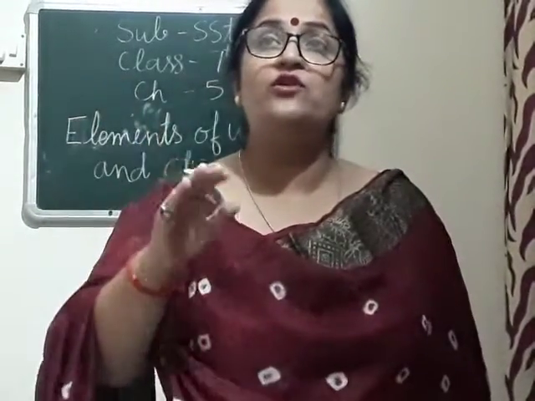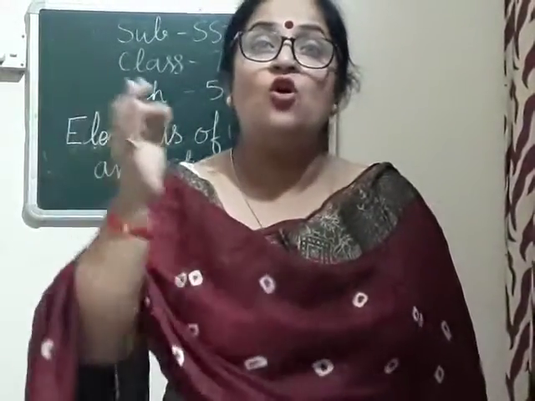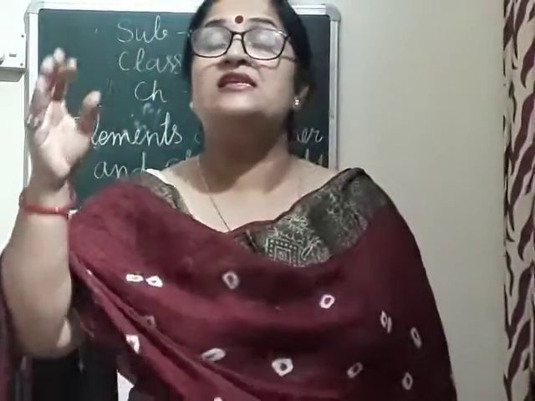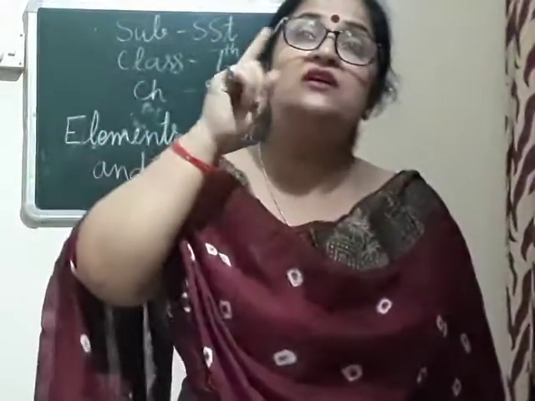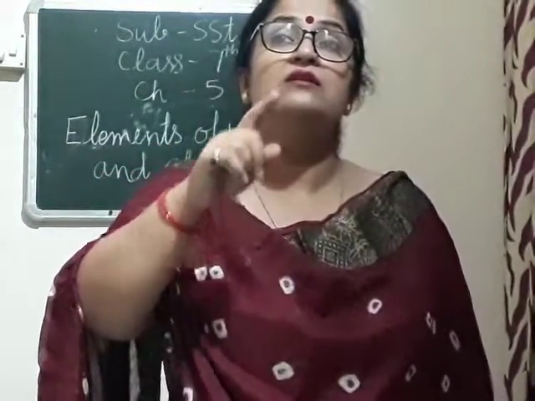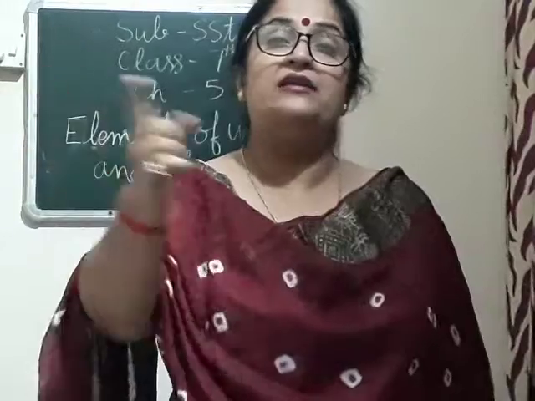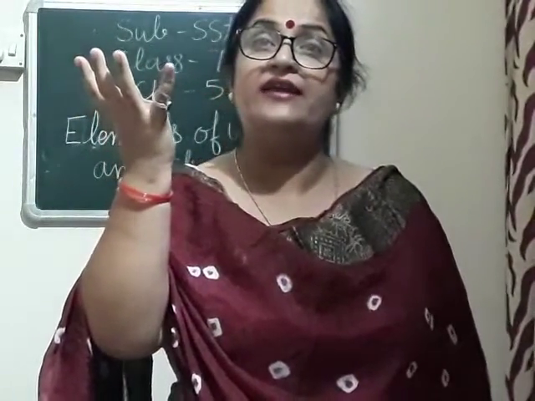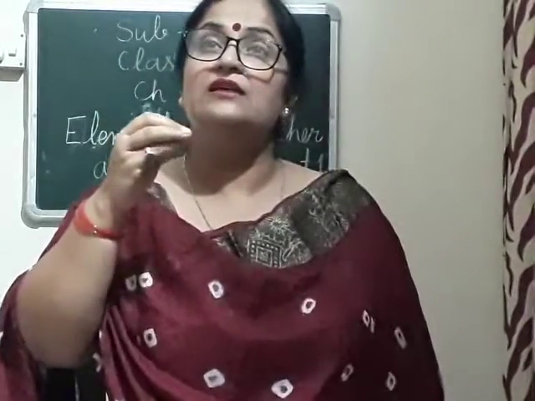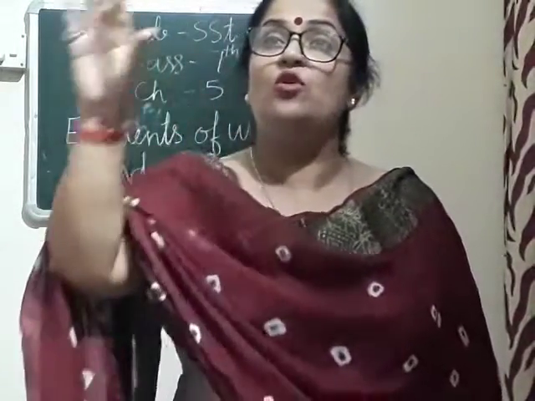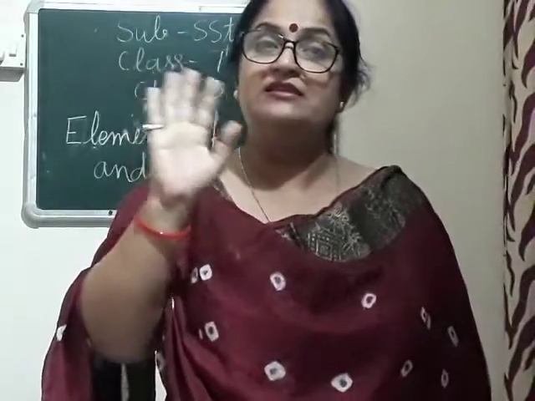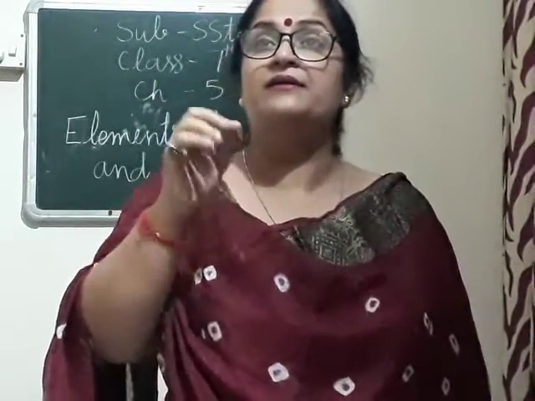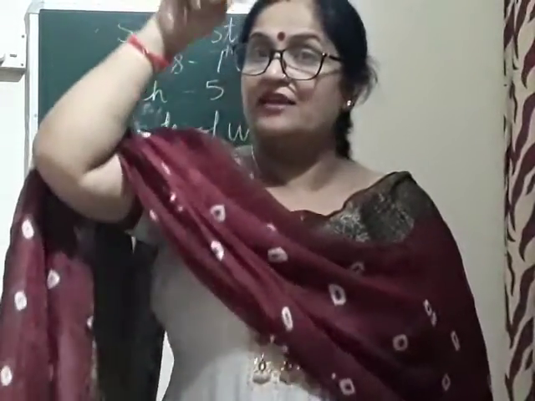First of all, what I told you is that we do not receive the same sunlight on the earth because our earth is spherical in shape. At the same time, the same heat is not there on the earth. On the equator, rays are vertical.